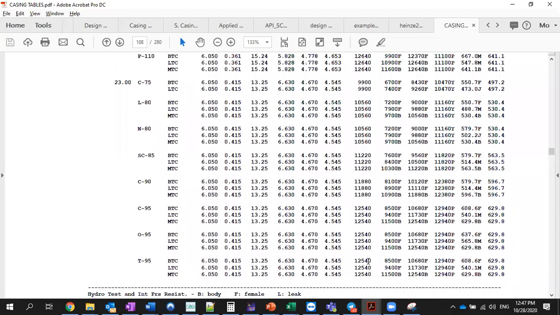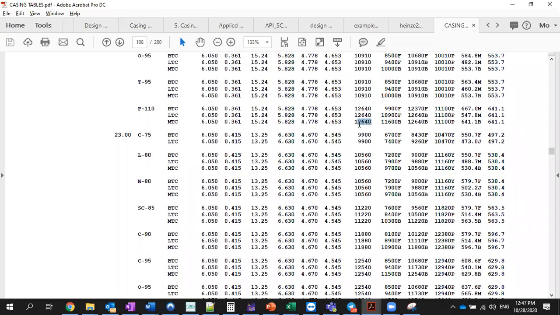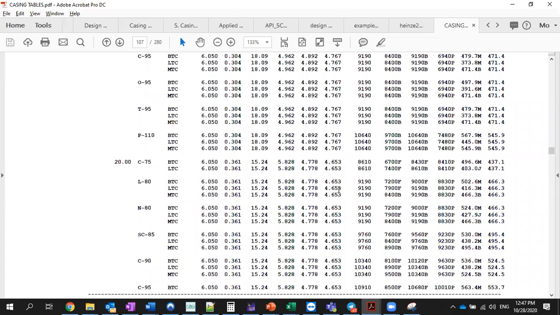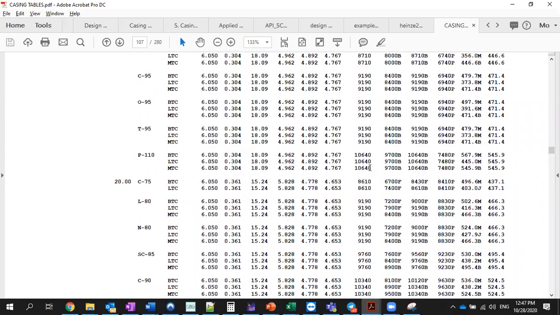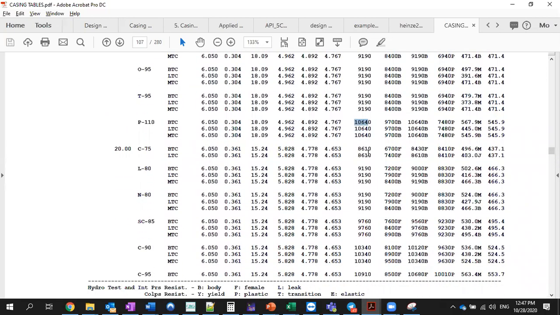No, sorry, that's 23 still. 12,640 for 20. So you check your burst requirement, and for example, your burst requirement becomes a number, let's say 10,500, right? And then if it's 10,500, then you see that 17 works for sure, and the rest as well will work, right? So you have multiple options.